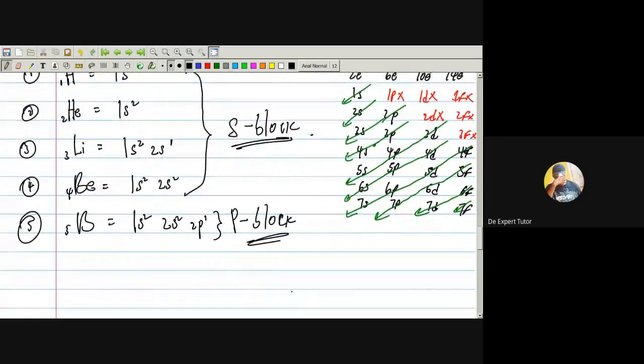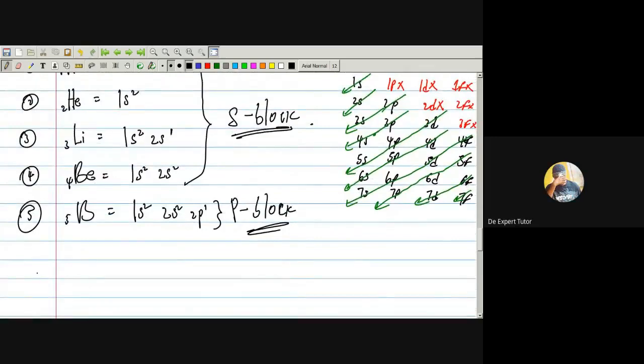Now let us go to elements higher than this. Maintain the first 20 elements for now. Helium, lithium, beryllium, boron.